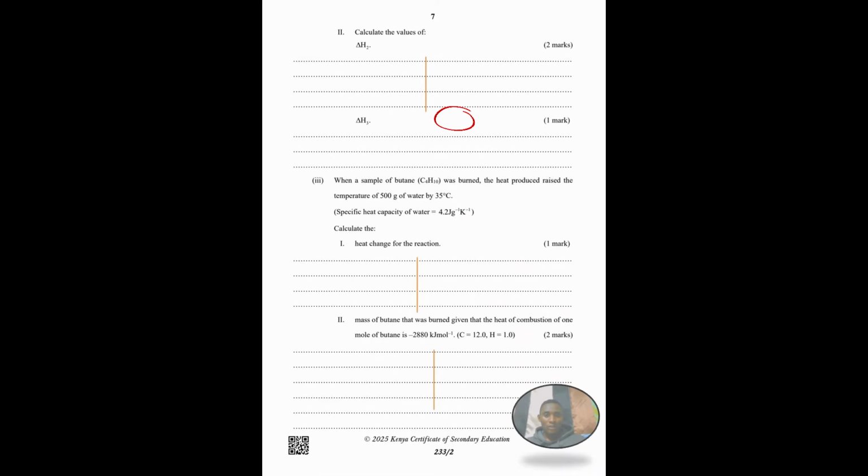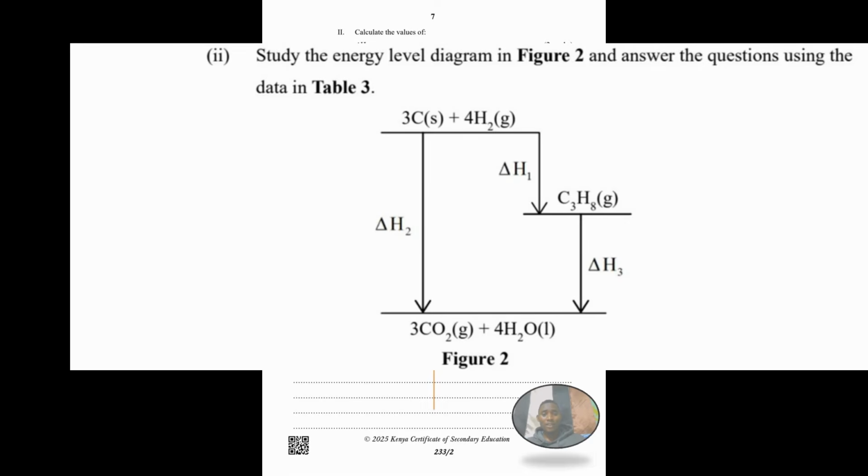So Roman 2 of this question, we need to calculate the values of enthalpy change H2 and enthalpy change H3. We need to understand that enthalpy change H2 was the enthalpies of combustion of carbon and hydrogen, and H3 was the enthalpy of combustion of propane.